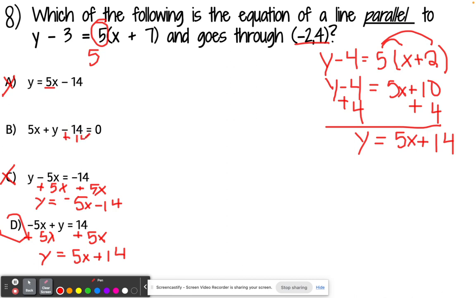Okay, let's add 14 to both sides here. I am going to have a plus 14 on this one. And we have 5x plus y equals 14.